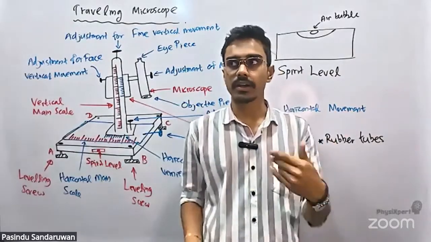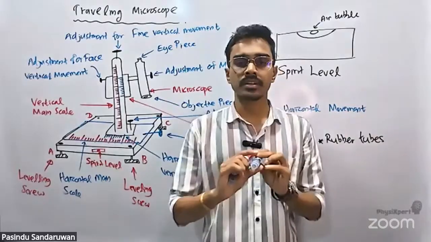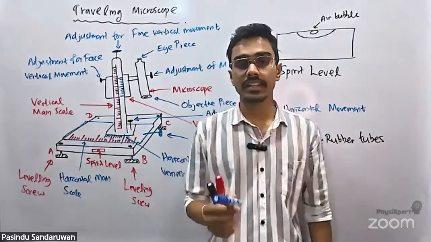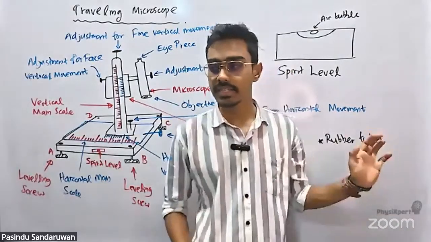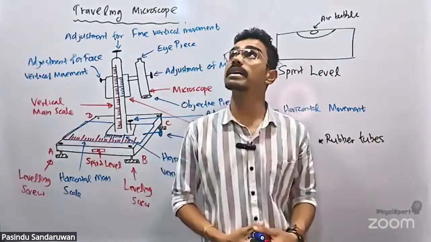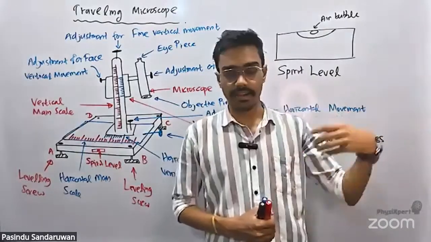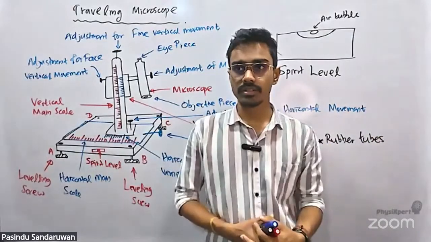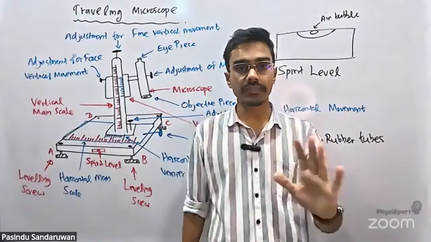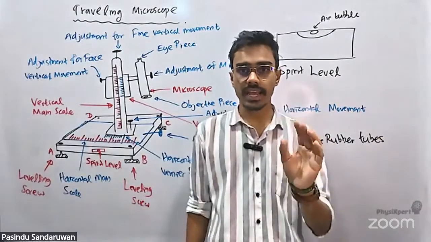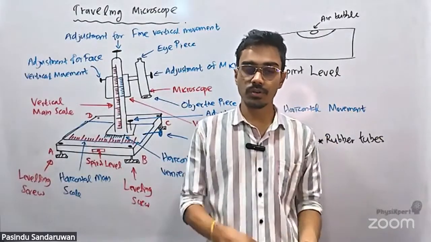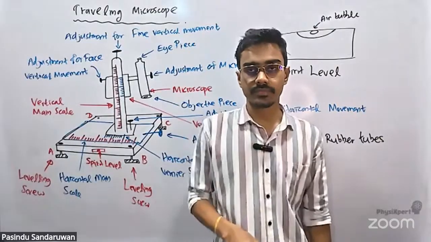With a micrometer screw gauge, you have to tightly keep the object between the anvil and spindle. But here, the main advantage is we can keep the object on a separate stand in front of the microscope. So no need to keep it tight.